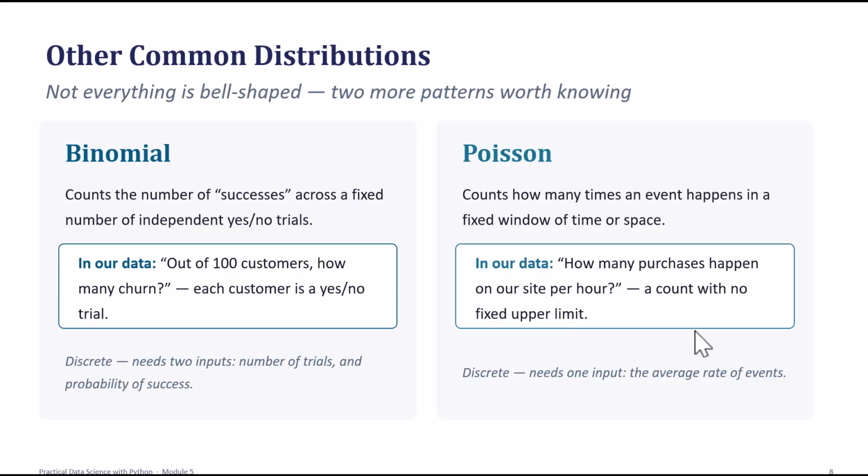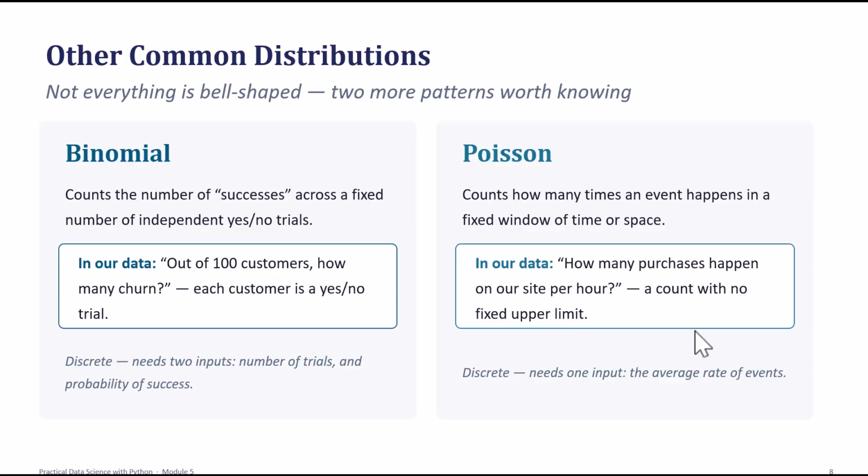Then for the other common distributions, not everything is necessarily symmetrically or bell shaped. There are two more patterns worth knowing, called binomial and Poisson. The binomial counts the number of successes across a fixed number of independent yes or no trials. In our own data, out of our 100 customers, how many churn? Each customer is a yes or no trial, and it is discrete. You need to input the number of trials and the probability of success.